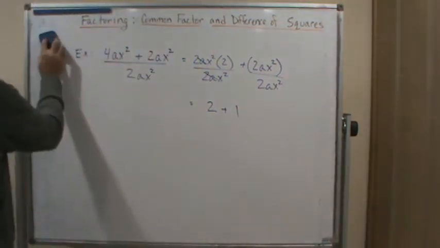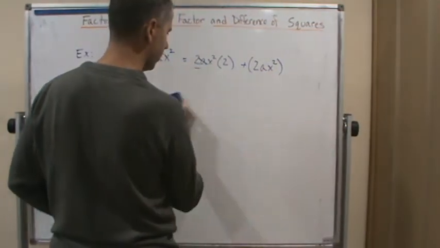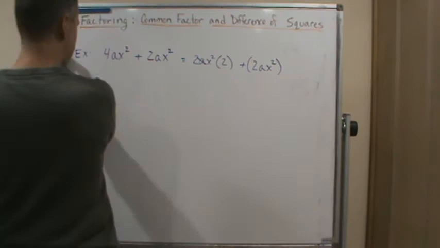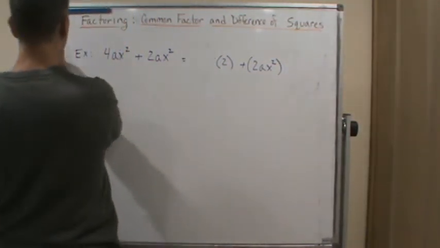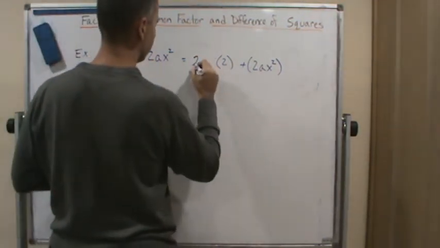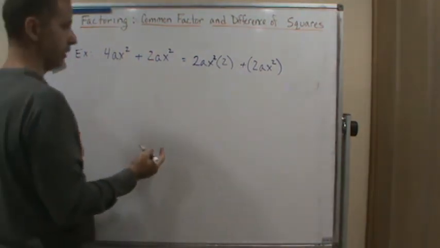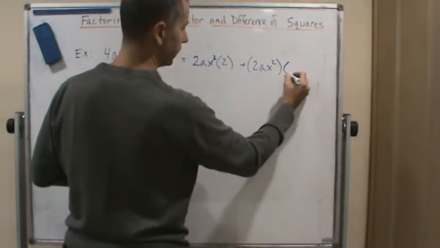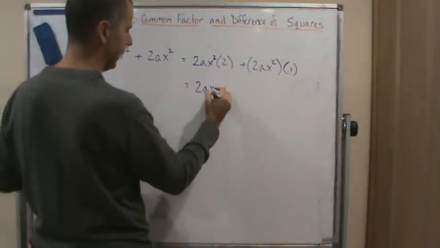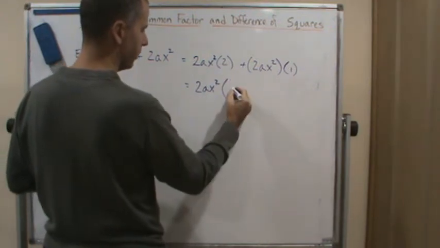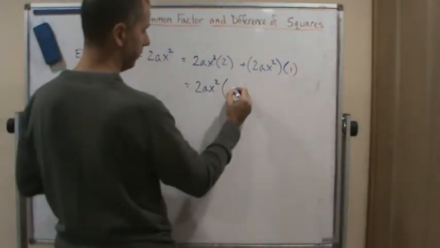So again, if we look at the expression, now we're going to factor, right? So let's put a 1 here. Now we're going to factor out, and we get 2ax squared times what? 2 plus 1.